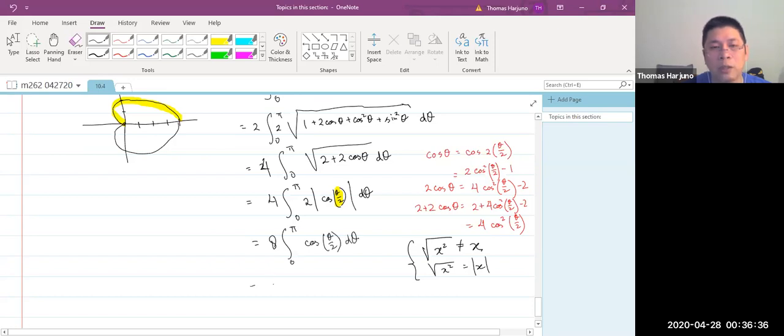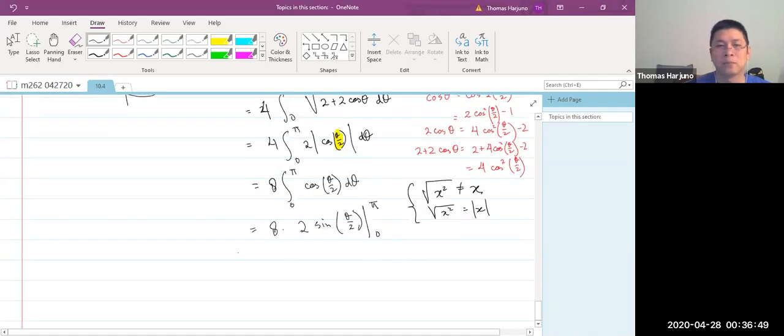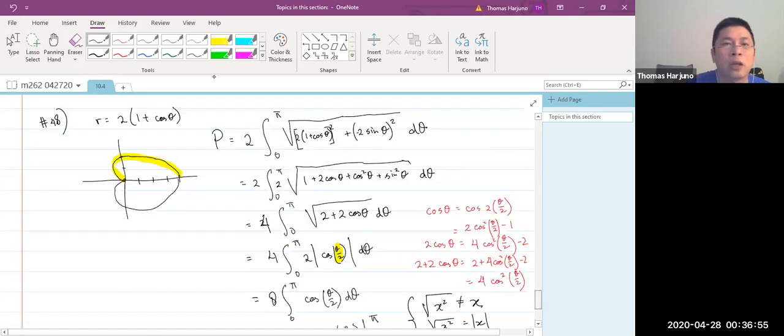That will be 8 times 2 sine theta over 2 from 0 to pi. That's 16. Okay, so the length here, the yellow one, you will see the length is 8.